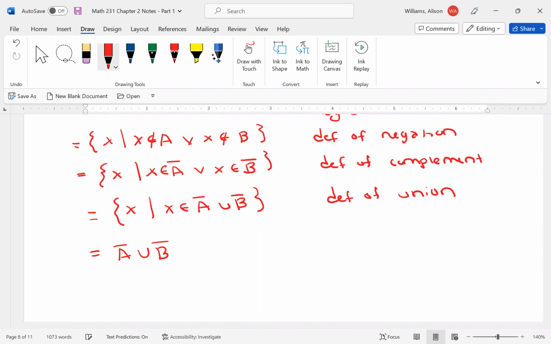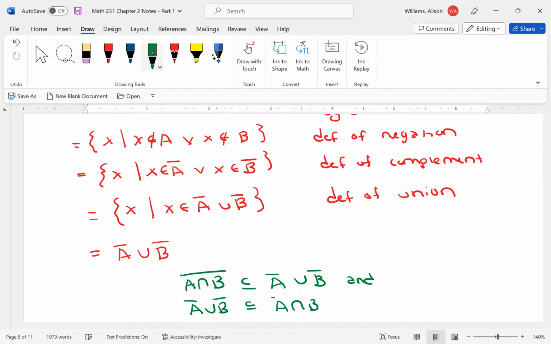Another way of doing it, I do want to note really quick, is you could have shown that the intersection complement is a subset of this. And the reverse is true, that A complement union B complement is a subset of the intersection's complement.